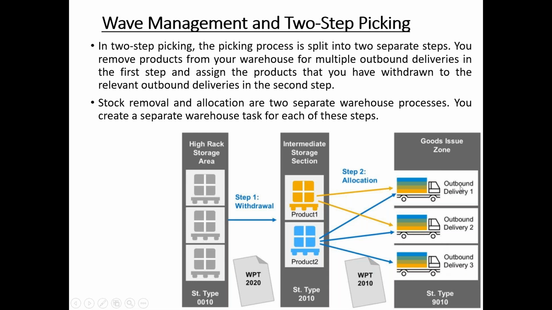So instead of the worker going to the warehouse, picking 20 and moving it to the truck, and again going back, picking 30 and taking it to the truck, the worker will prefer to pick all the 100 at once and move it to the intermediate area. This will increase worker efficiency and warehouse efficiency and reduce the picking time.